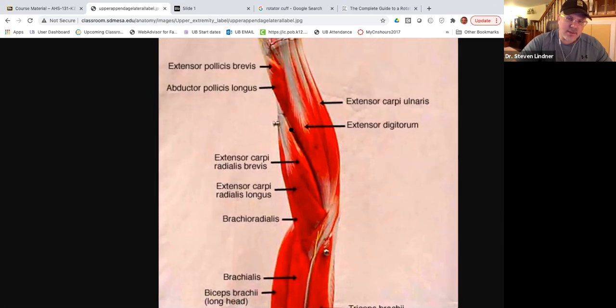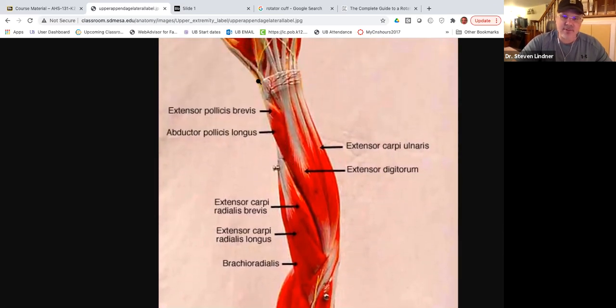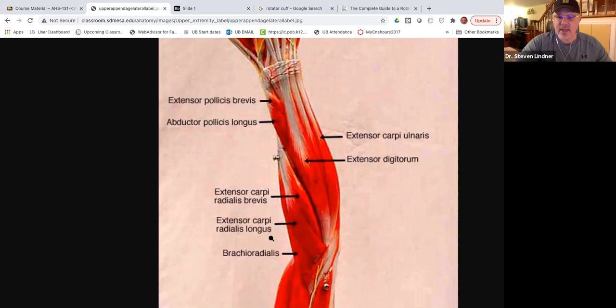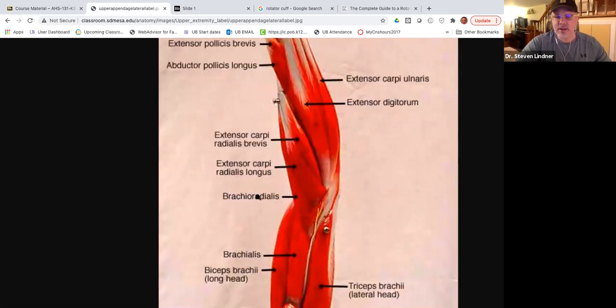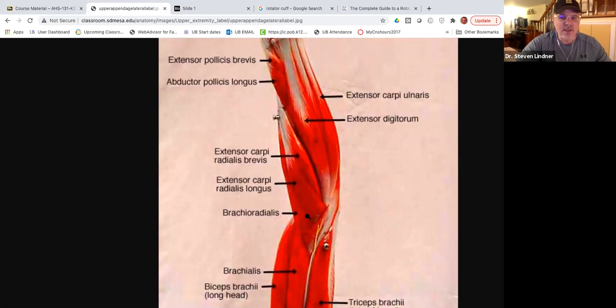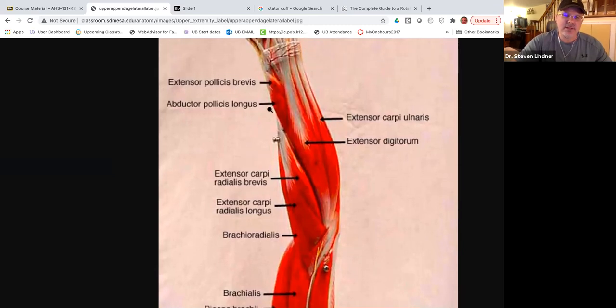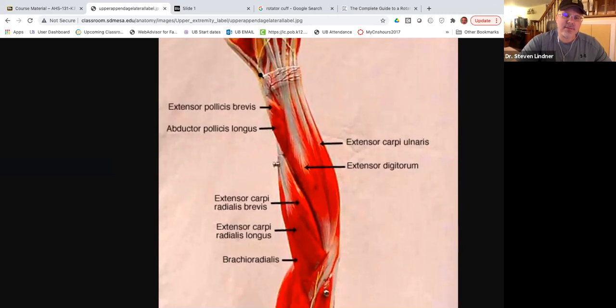It goes all the way down and inserts on the radial styloid, or the styloid process of the radius. And that's how it gets its name, brachioradialis, because it originates on the brachium, which is the humerus. It's just the distal end of the humerus, just above the lateral epicondyle. It's called the lateral supracondylar ridge, and it inserts on the styloid process of the radius.